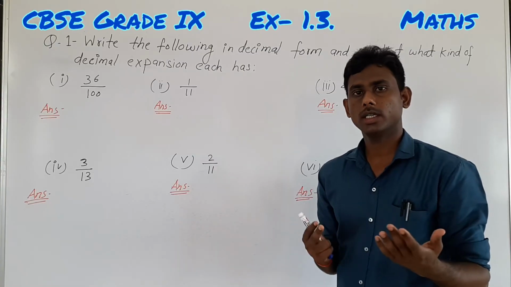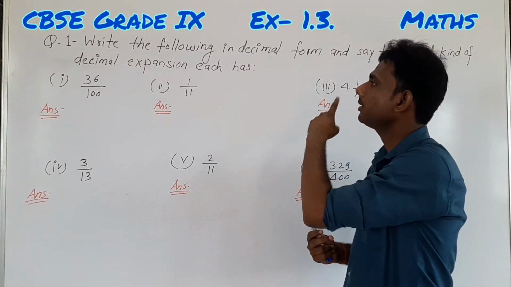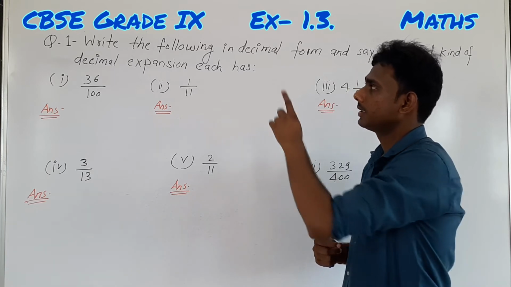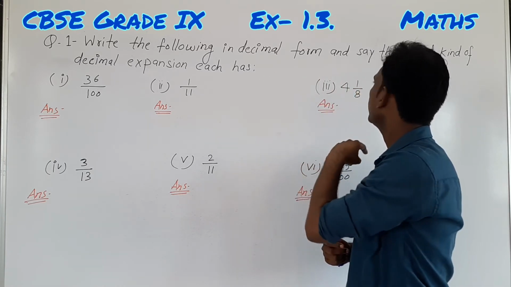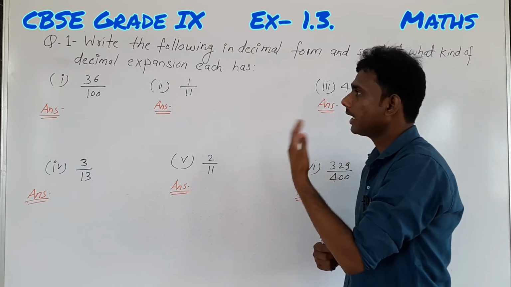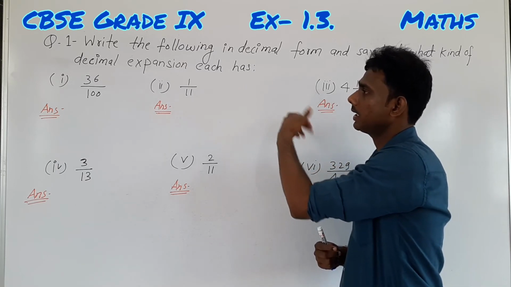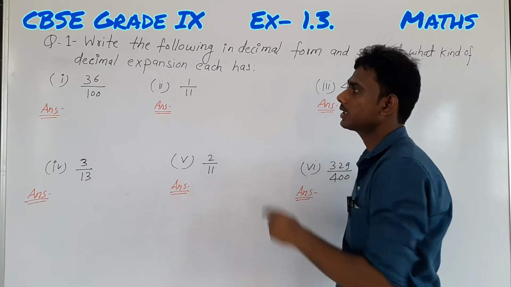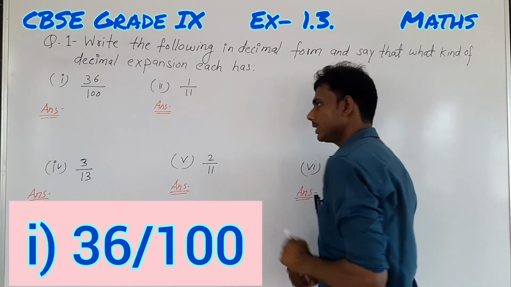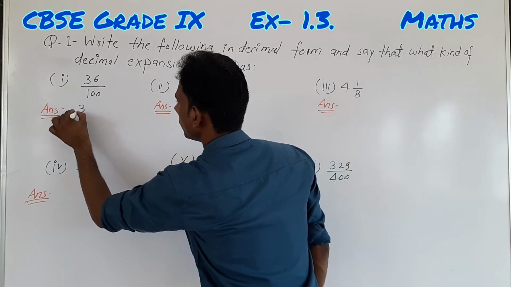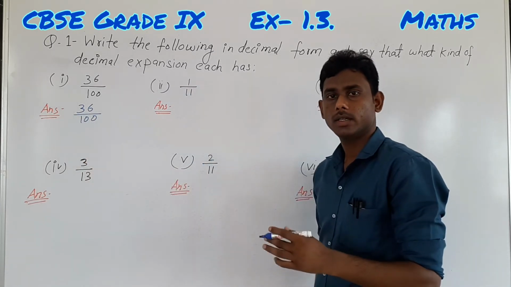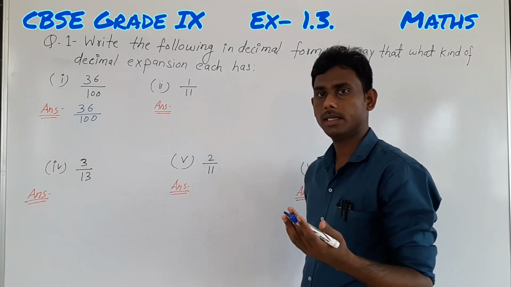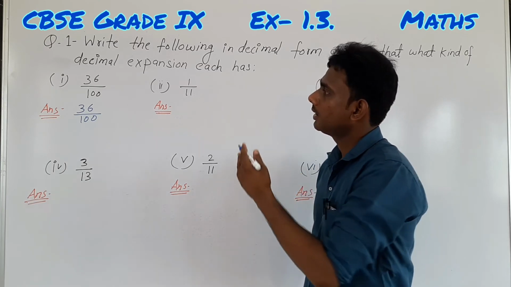We are going to solve exercise 1.3, question number 1. Write the following in decimal form and say what kind of decimal expansion each has. First is 36 upon 100. In previous classes, we know that if you divide any number by 10, you put a one-digit decimal from the right side.